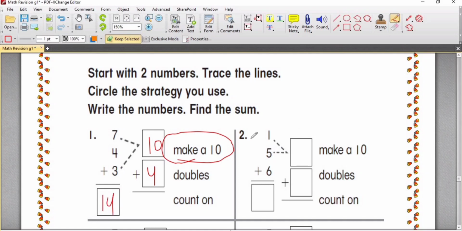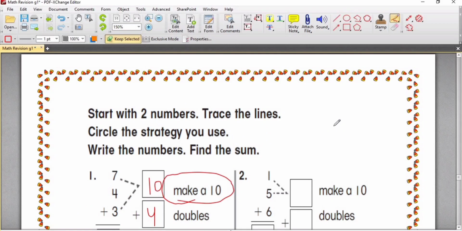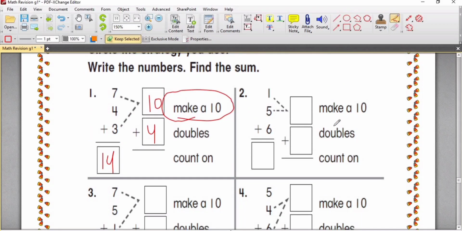Super. Now let's see question number 2. Okay, he wants from you to make these 2 numbers. He puts a line for you. 1 and 5. 1 plus 5 equal 6. Super. And we will put the other number, 6. Okay, here we have 6 and 6.